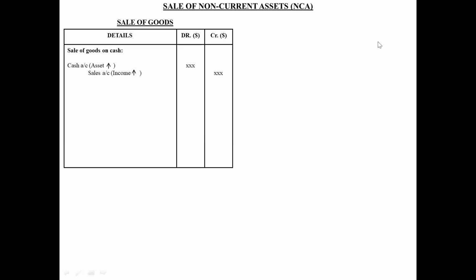Remember one thing, when you are selling goods, you use sales account. Sales account will be credited because your income is increasing. Sales is your income, so whenever your income increases, it has to be entered on the credit side. So when you sell goods on cash, cash account will be debited and sales account will be credited.